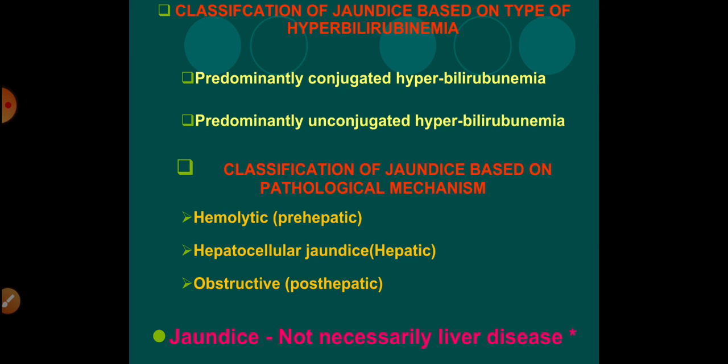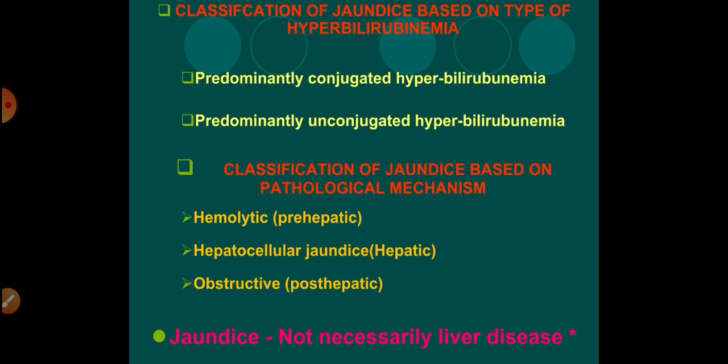Classification of jaundice based on pathological mechanism: it could be hemolytic jaundice or prehepatic jaundice, hepatocellular jaundice or hepatic jaundice, obstructive jaundice or posthepatic jaundice.